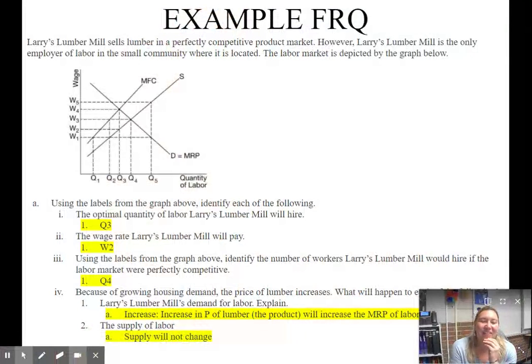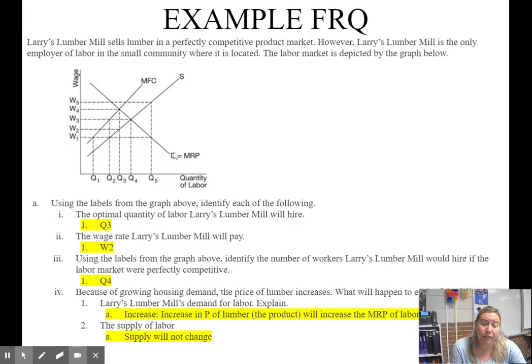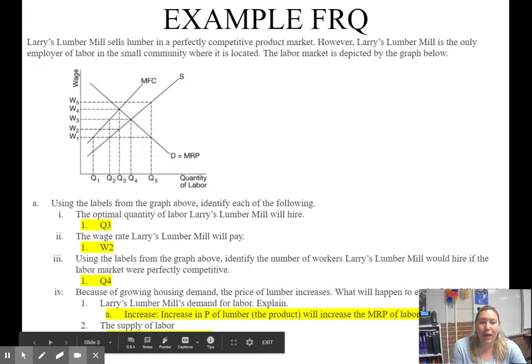When we look at FRQs, typically what you'll see is a scenario, which is the top part. Everything up here is your scenario about Larry's lumber mill. Most of the time you'll be given a graph, or you'll be asked to generate a graph. And then you'll have a series of questions asking you what happens if the following scenario changes.